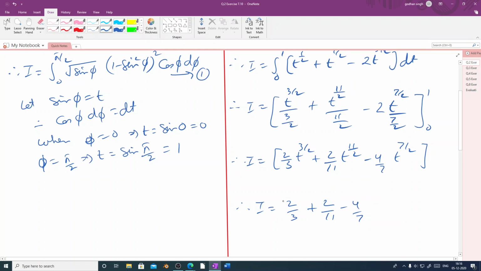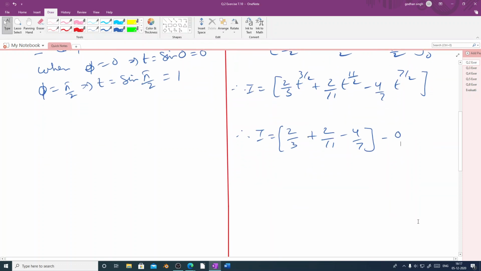Next, for the lower limit, t raised to some power is multiplying with 2 by 3, with 2 by 11, and with 4 by 7, so overall we get 0 when we put t as 0. So finally, the answer I equals, let us take the LCM of this.